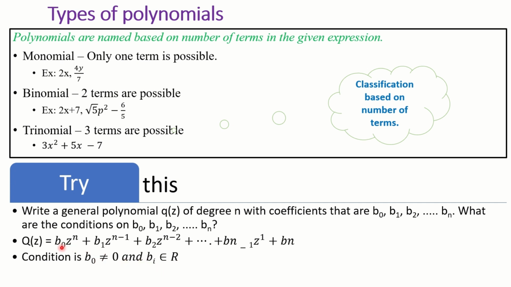Also the power n should be a whole number. So the conditions are that b0 should not be 0 and the bi should be real numbers. That's the two conditions basically.